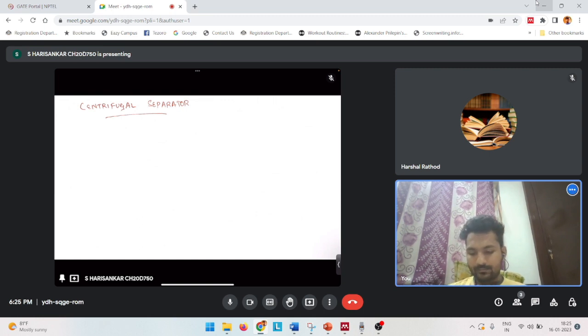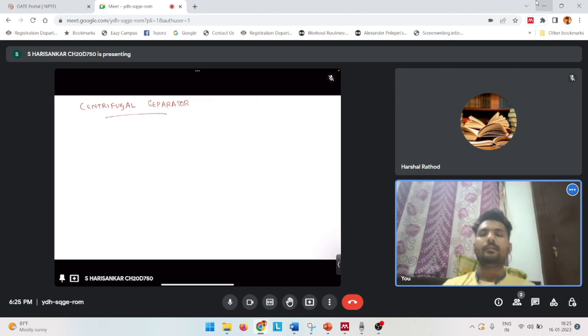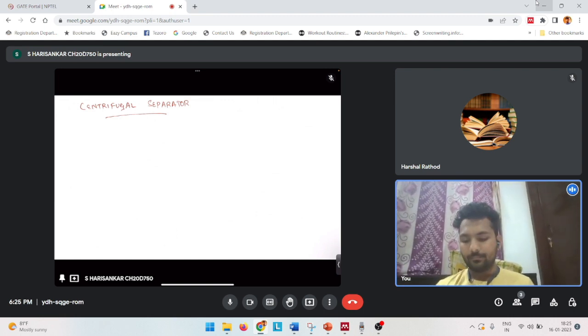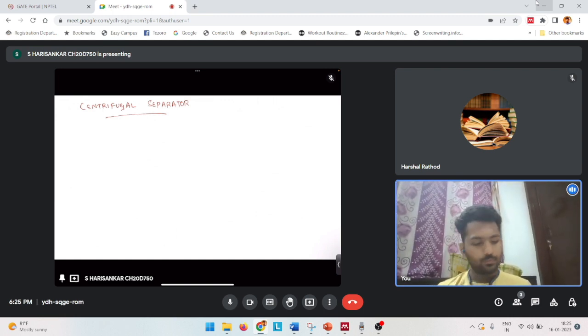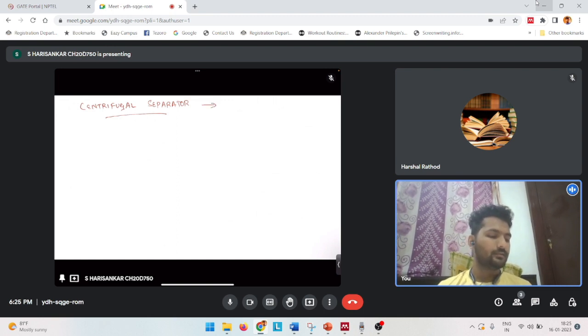So a centrifugal separator is basically something like sedimentation, but applying centrifugal force. You must have heard of some equipment like the cyclone separator.